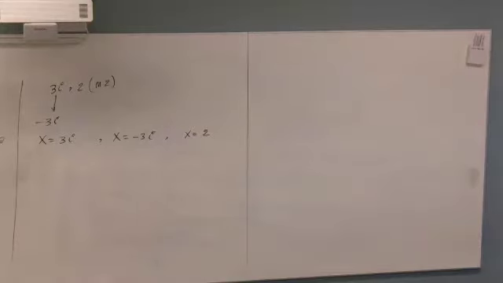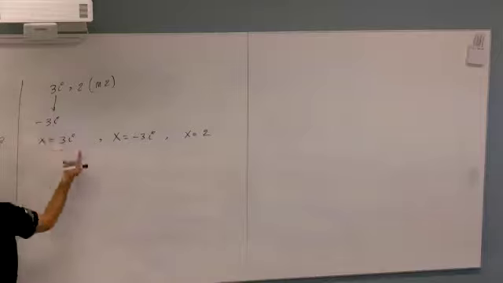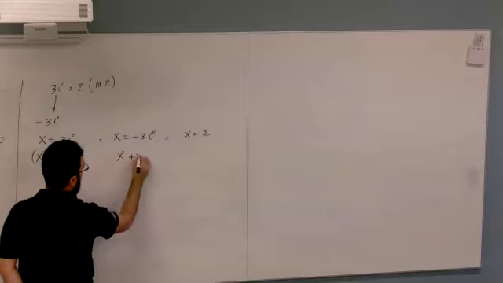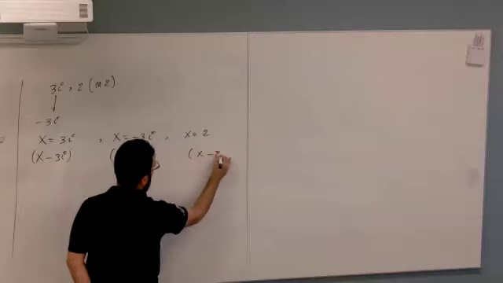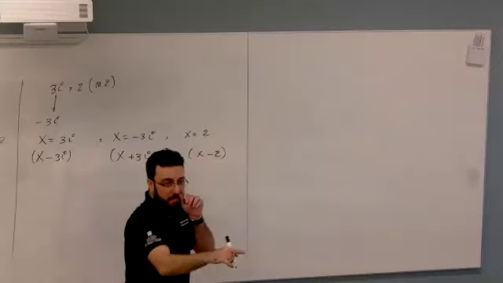So now, if I need to write down the factors, how am I going to write them? Move the number to the other side. That means x minus here, and here. Is that okay?